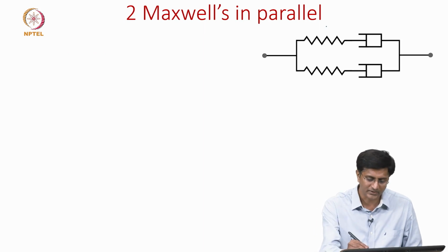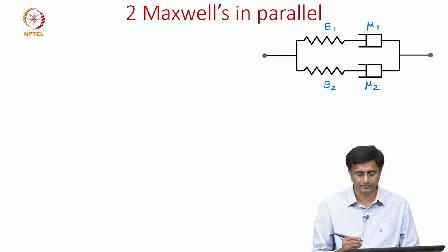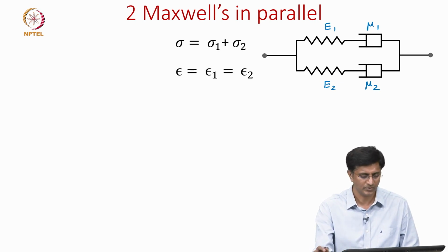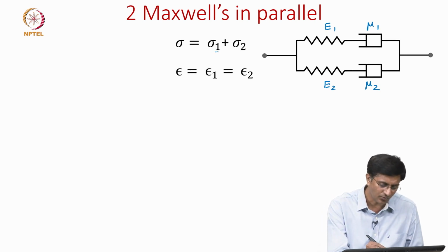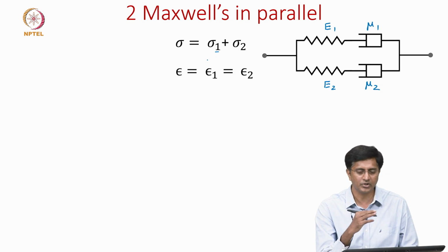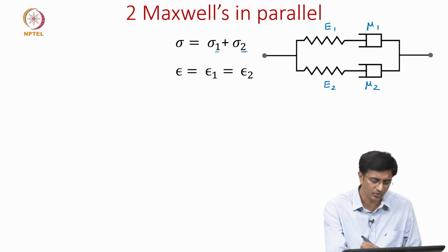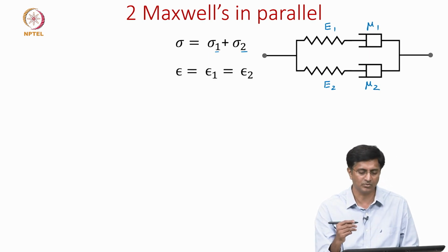So, we have this Maxwell 1 with modulus E1 and viscosity mu 1, and similarly the other Maxwell model with E2 and mu 2. For this, first let us look at the equilibrium equations and the kinematic equation. Here the subscript 1 represents the first Maxwell model, and the subscript 2 represents the second Maxwell model.